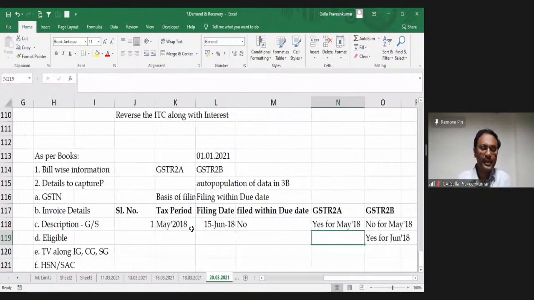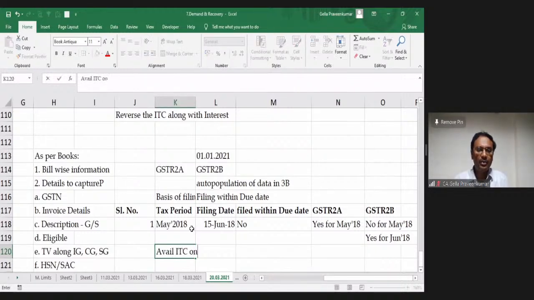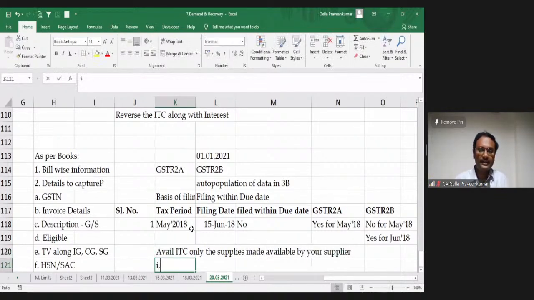Now, coming back to my all other ITC, what the lawmaker says: you avail ITC only on the supplies made available by your supplier. That is GSTR 2B. This is what they say.